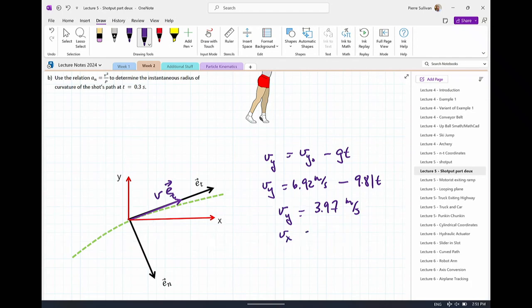Vx is equal to 15.53 meters per second. So Vy, Vx on my figure right there. So it's climbing. It's got a positive direction up there. I can figure out at that point a number of things.